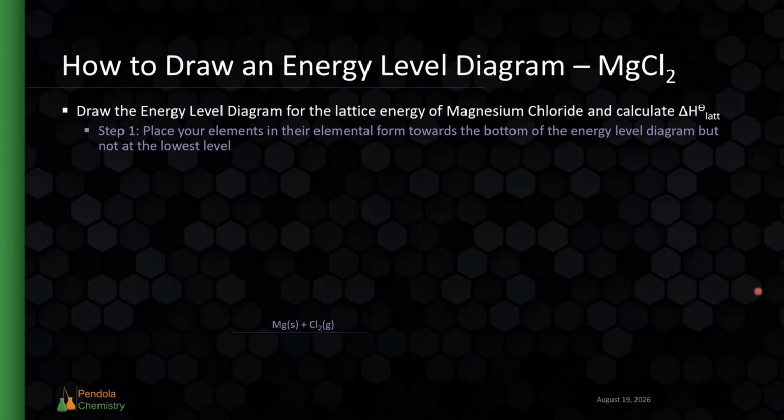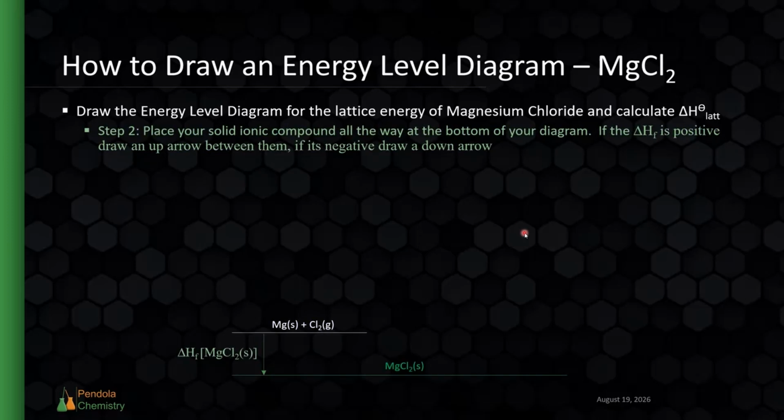And that enthalpy change is going to be the enthalpy change of formation. Because we're starting with the elements in their elemental form, if we put the ionic compound as a solid, what we will be creating here, if we connected it to an arrow, is the enthalpy change of formation.